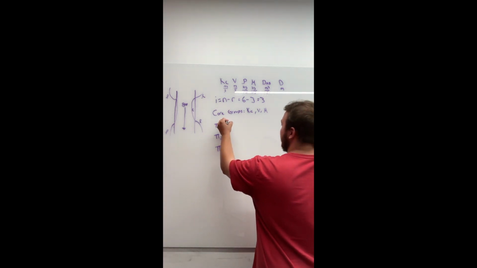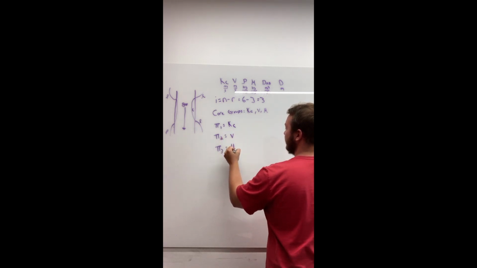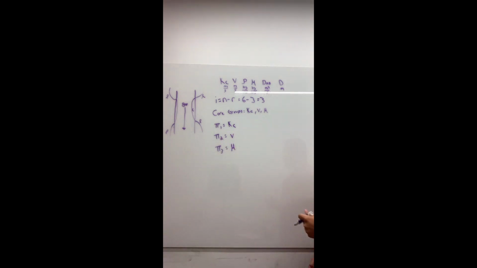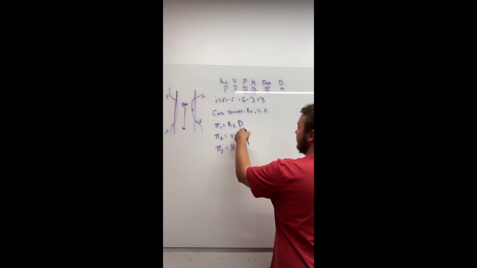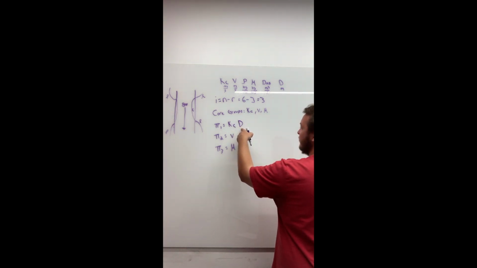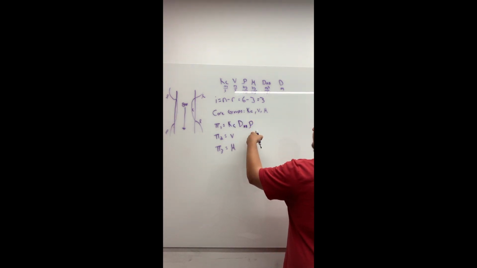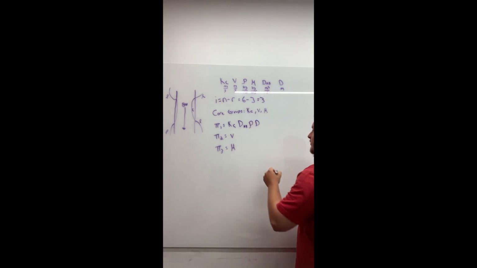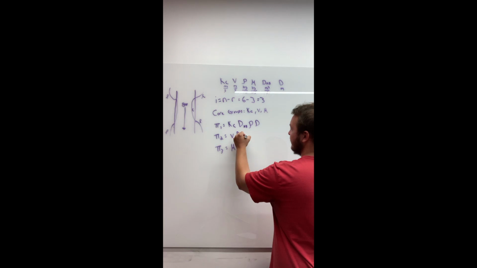So we'll have Kc, velocity, and viscosity, and then we're going to multiply by the remaining variables. So you have the mass diffusion coefficient, and then you have density, and then you also have the diameter, right? And then we do this for the rest of them also.